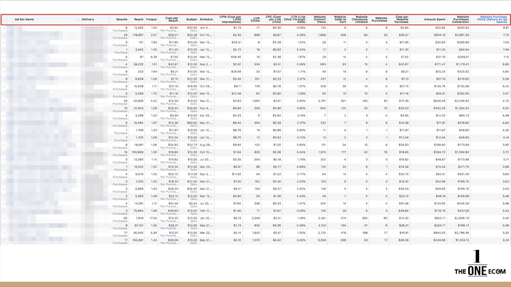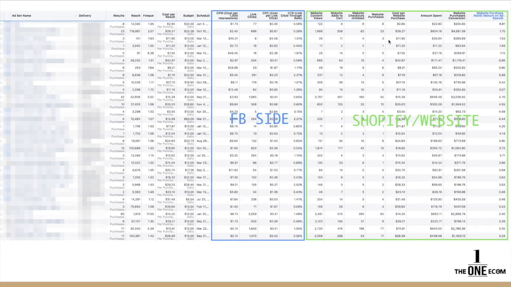So you have the columns up top here. Let me explain. You have the ad set name, which is self-explanatory, and delivery, which is whether it's active or not. The results are how many sales you made.